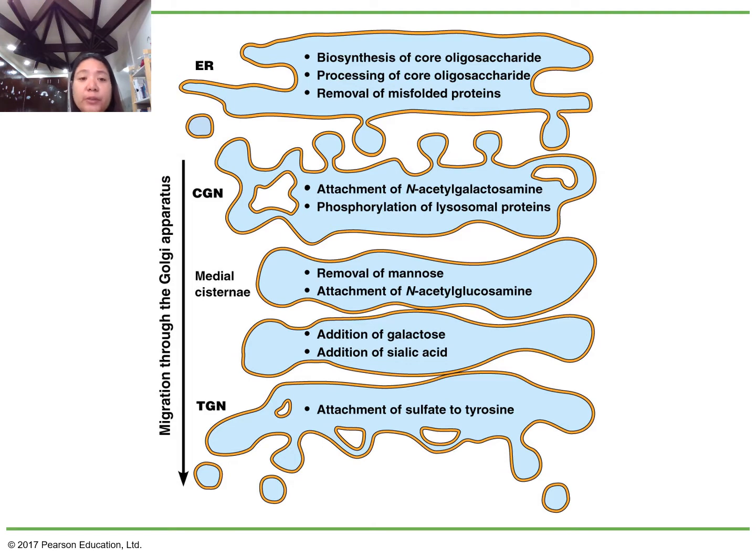We also learned that initial modification of protein products happen in the endoplasmic reticulum, whereby biosynthesis of core oligosaccharides, processing of these core oligosaccharides, and addition of such would happen in the ER.